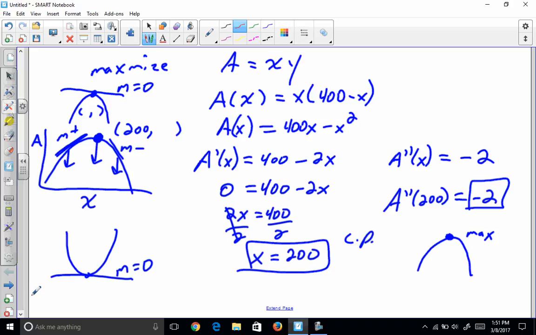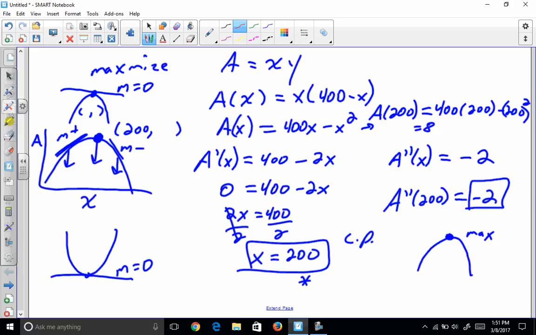We want to know what the maximum area is. Now that we know what x gives us the max, we can substitute that into our function and say, well, when our x is 200, what is our area? So it'd be 400 times 200 minus 200 squared.